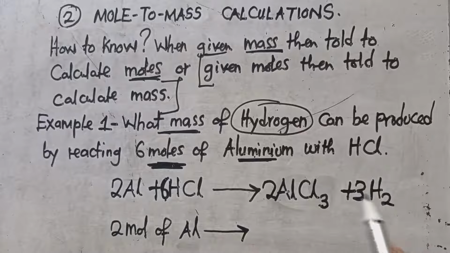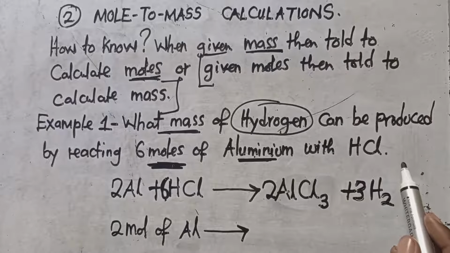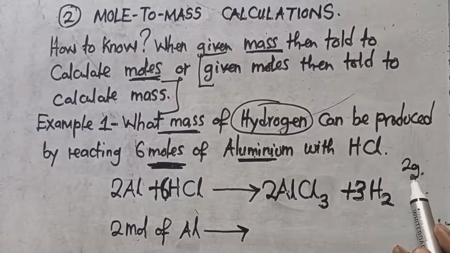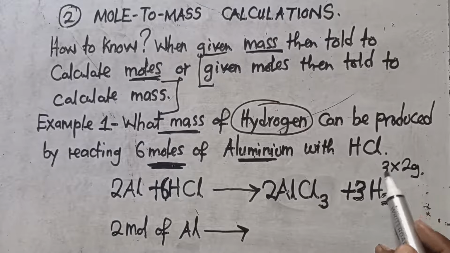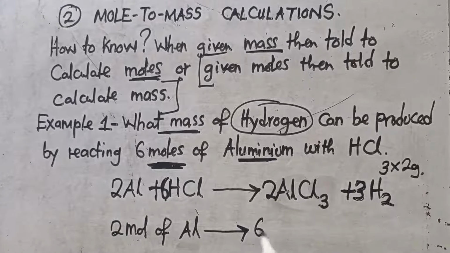So there is a 3 times 2 here. Hydrogen is just 2 grams here. Since there is a 3, I multiply it by 3. I'm going to get 6. So 6 grams of hydrogen gas.